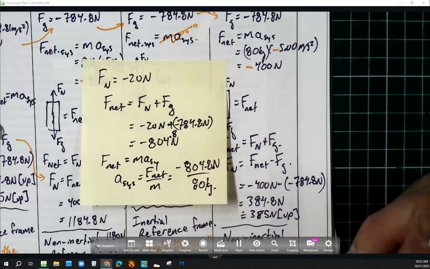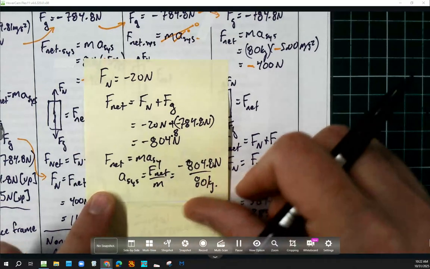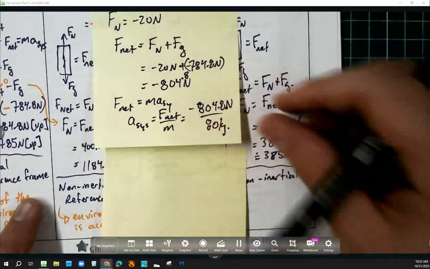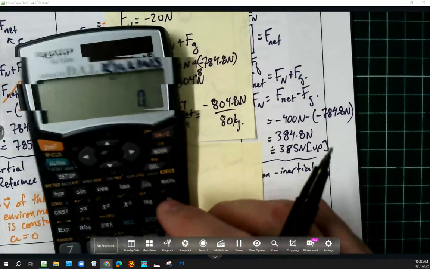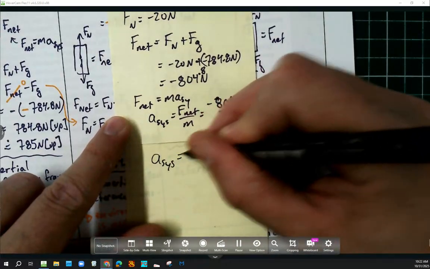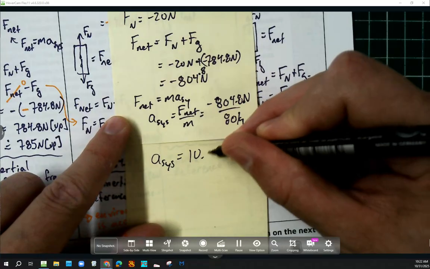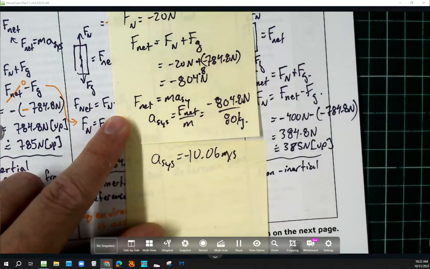Somebody with a calculator. 10.06? Okay. So the acceleration of this system is going to be 10.06 meters per second squared, but it's a negative value, right? So down.